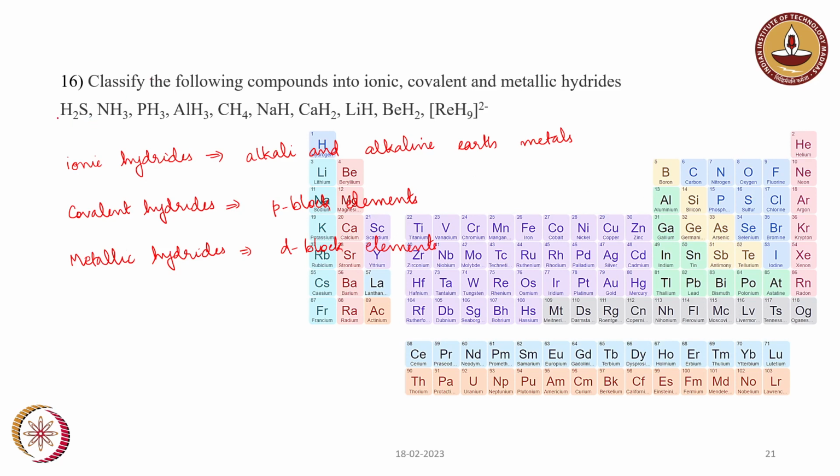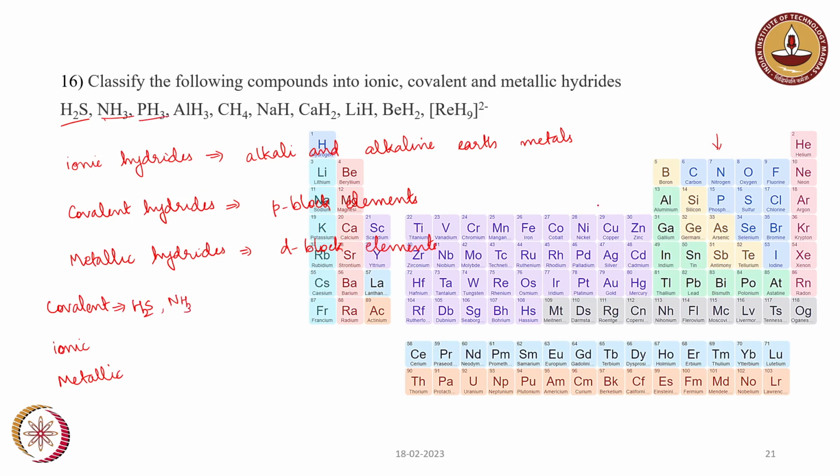So it's a covalent hydride. So H2S is in covalent hydrides. Next one is NH3. So nitrogen is also in the p block. So NH3 is covalent.